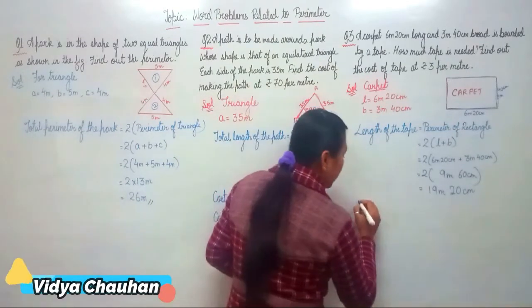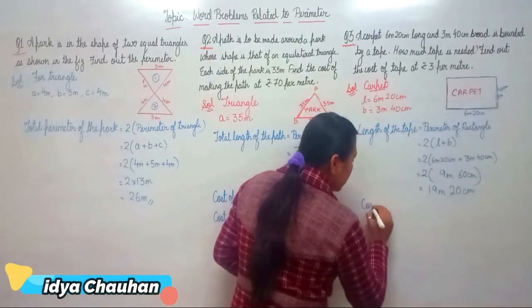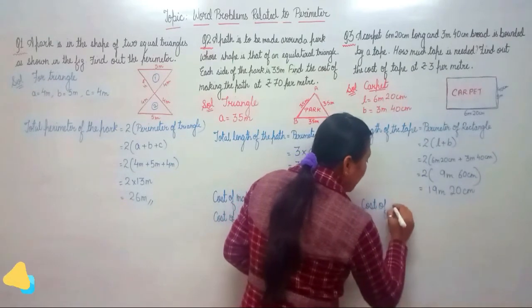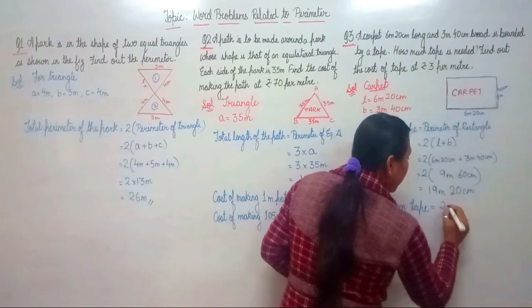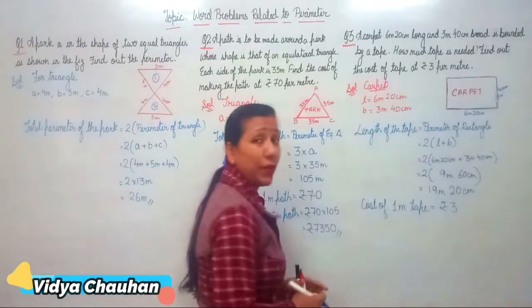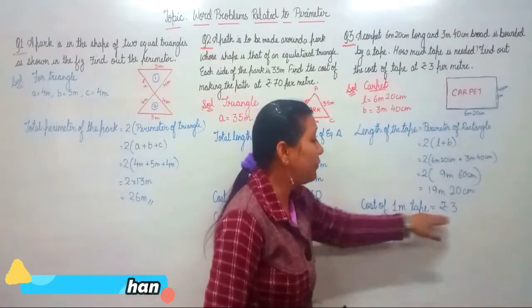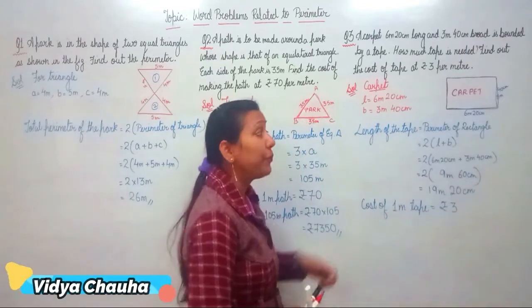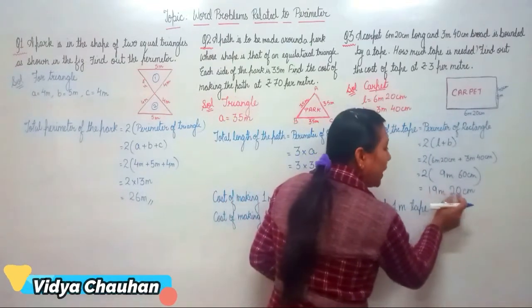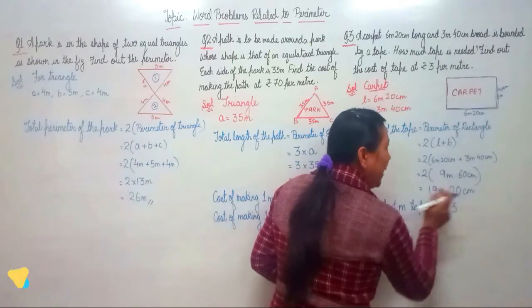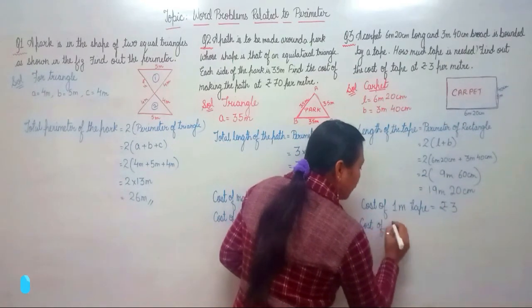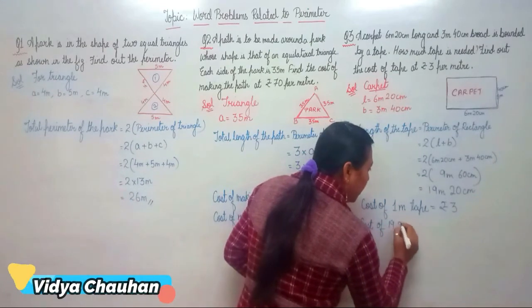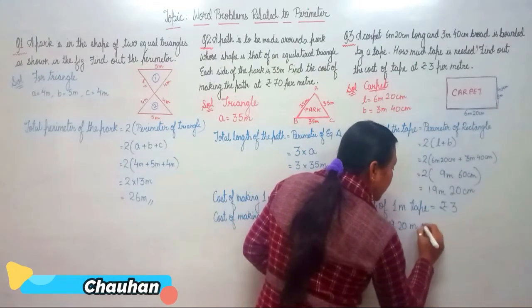Your next statement will be cost of 1 meter tape is equal to rupees 3. It is given in the question that for 1 meter of tape we have to pay rupees 3. Now, since we have to find the cost for 19 meter 20 centimeter, we can write cost of 19.20 meter tape.